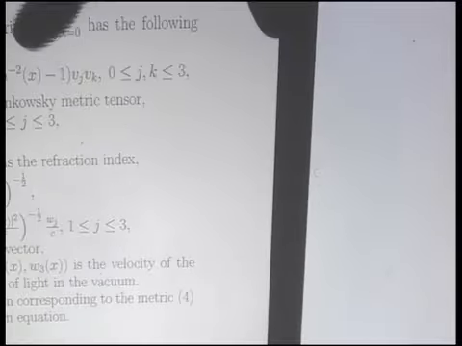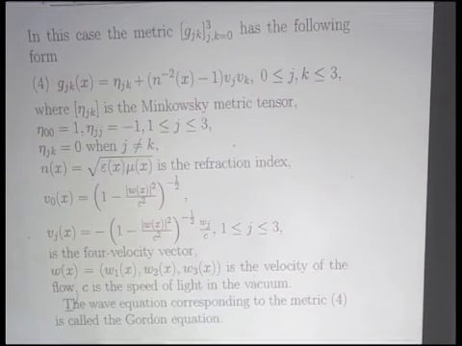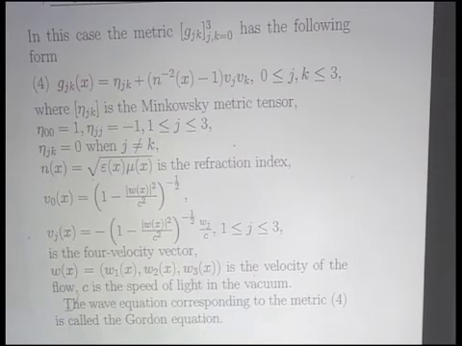Now, the two other examples are the following. One is propagation of light in a moving dielectric. Here the metric is written here. Eta jk is the Minkowski metric, and n of x is the refraction index, square root of epsilon mu, and v0, v1, v2, v3 are components of a 4-vector.